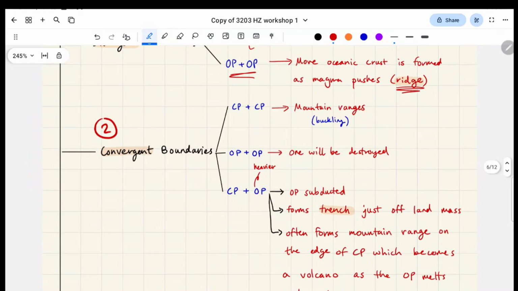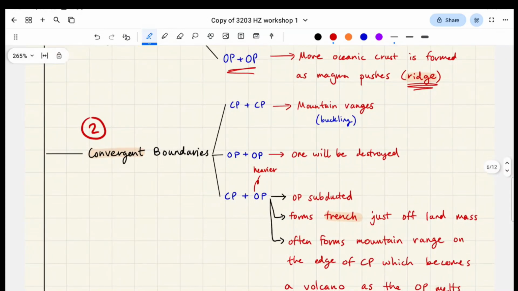For two oceanic plates being pushed together, I might draw a diagram for this. Does anyone else need to copy this down? So basically, you have your water, and then these are your two plate boundaries, and they want to push together. Unlike before, where air was pushing against it when it was buckling, now we have water pressure keeping it down as well.